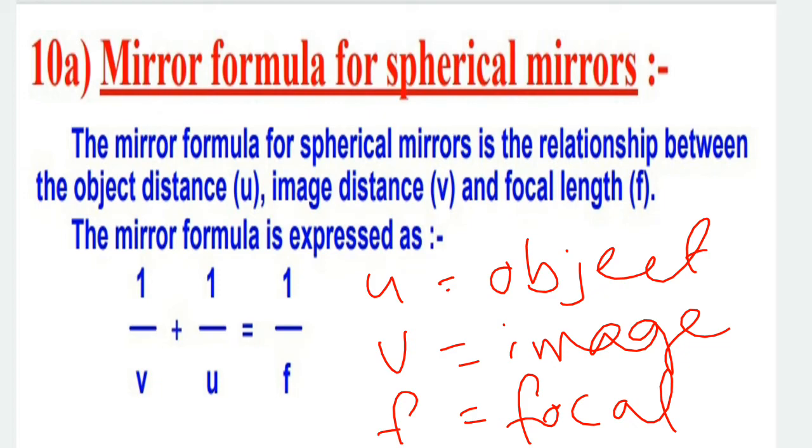Wherever we keep an object, this mirror formula is true for us. The mirror formula contains three terms, that is U, V and F. If any two of them are known, we obtain the third one by substituting the numerical values of the two known terms in the mirror formula.